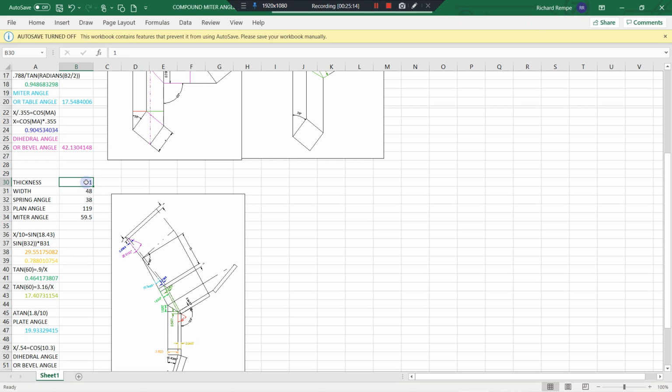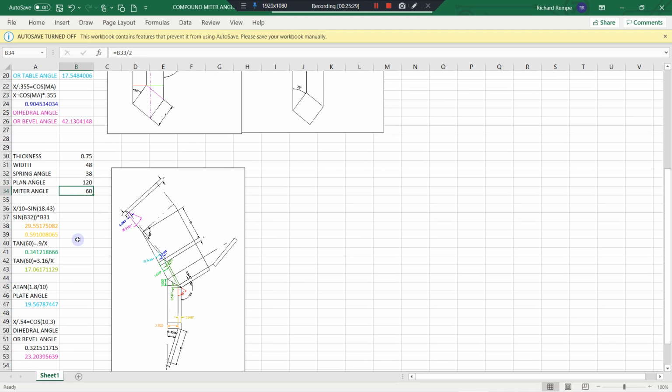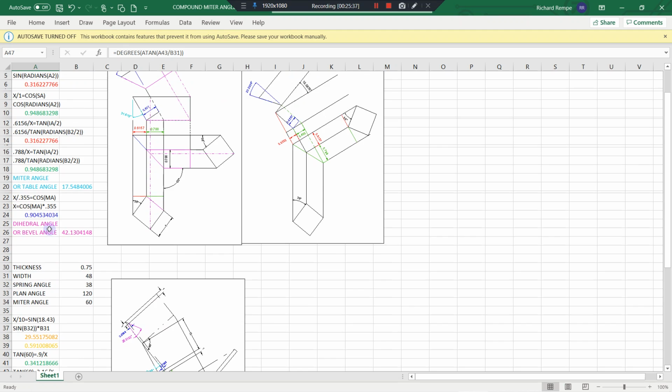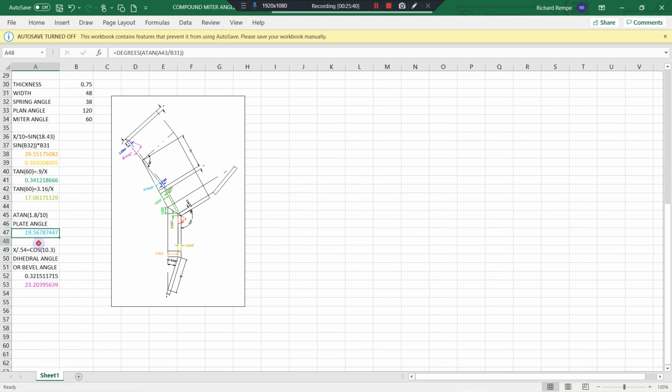Thickness is say 0.75, and plan angle 119. Let's go 120. Miter angle is 60, so that's just that divided by 2. And then this here would be the 19.56. But what we could do is put in the dimension x divided by 48 equals tangent of 19.57.